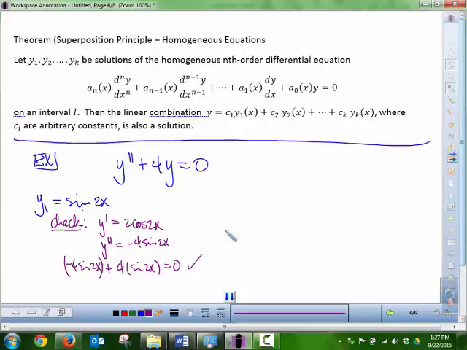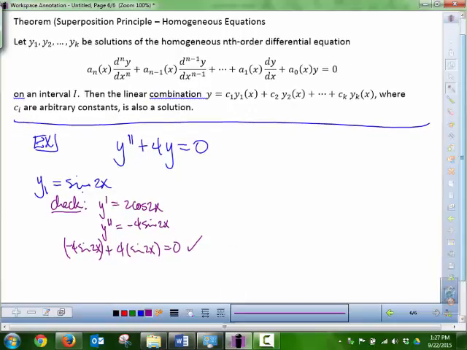Right? Now, what if I also said that I have another solution for this? I think another solution is cosine 2x. Let's check if that is, in fact, a solution. I need a couple of derivatives again.